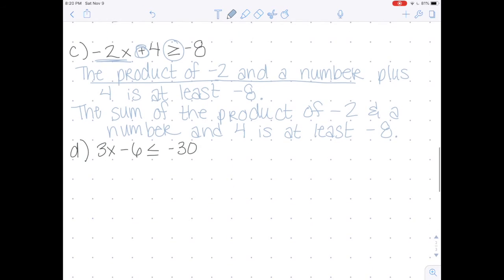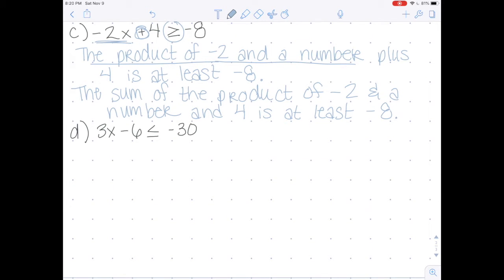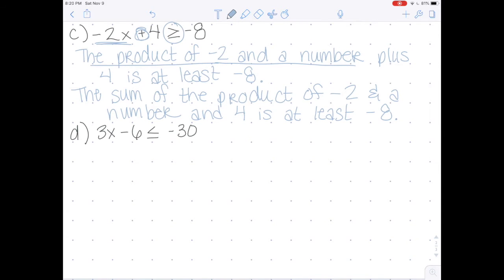Let's try one more of these. So this one says 3x minus 6 is less than or equal to -30. Again, two ways we could go about this. We could focus on the subtraction first or the multiplication. I'm going to go ahead and focus on the subtraction first. What's a word that means I'm going to subtract these things? That would be the difference. So I'm going to write the difference of the first thing I need, this 3 times x, so I need to say I'm going to multiply these things first.